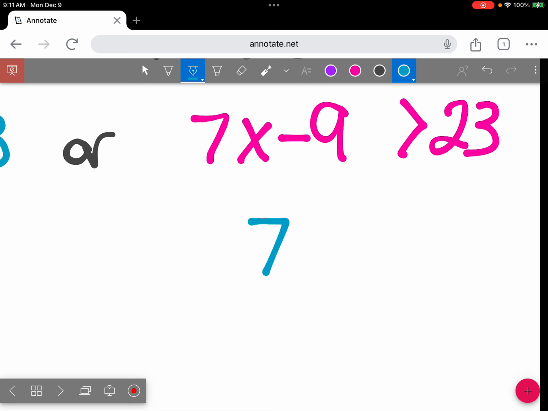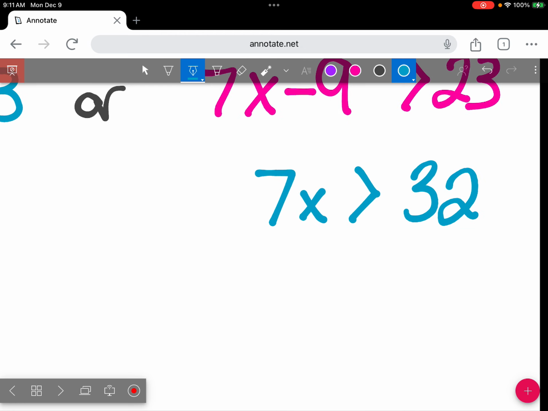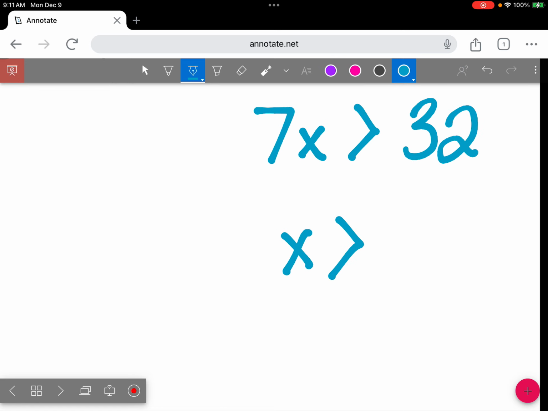Add 9, so we're going to have our 7x is greater than 32, which means my x is greater than, does 32 divide nicely by 7? No. 32 sevenths. It's gross, but it's a thing.